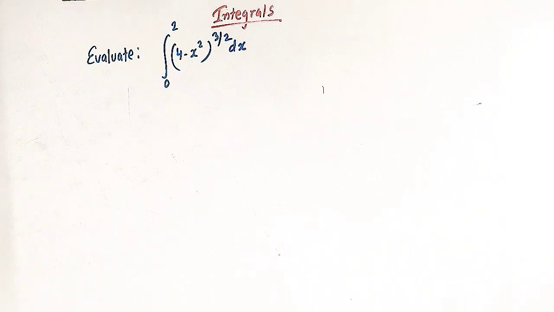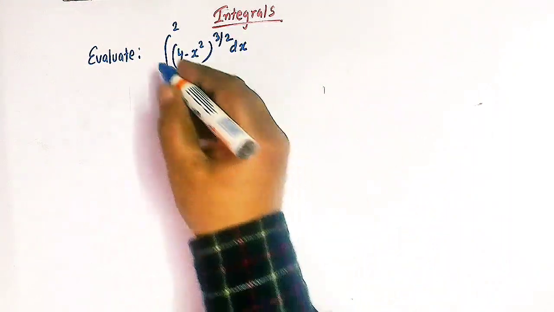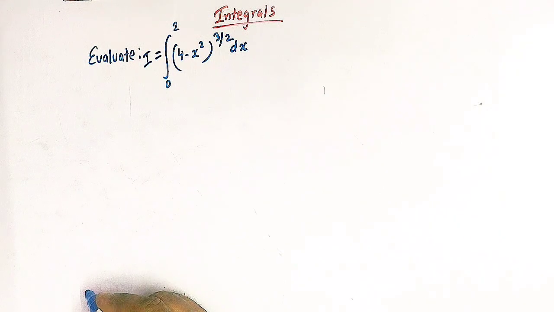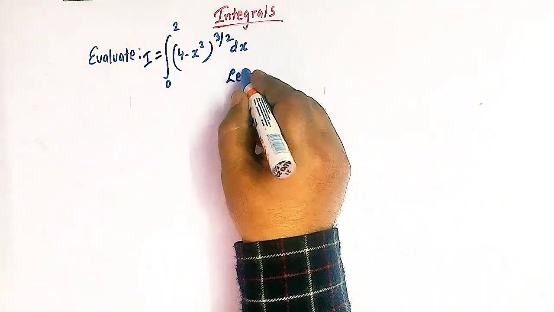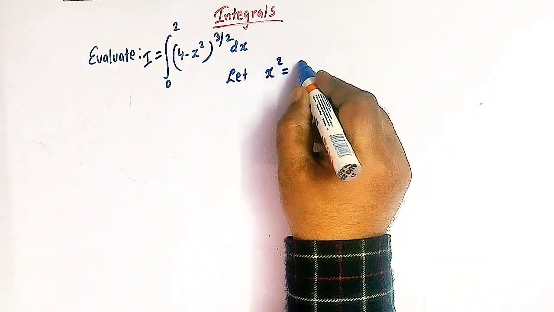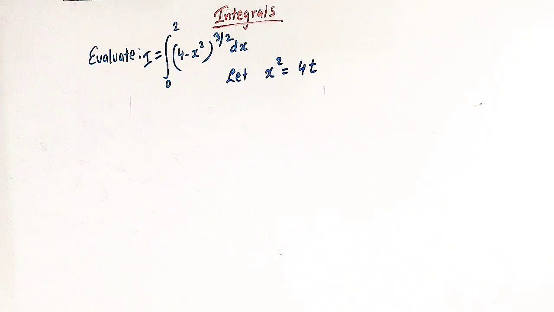So let us start. Here we are going to use the method of substitution, and let us call this integral I, right? So we'll substitute x^2 equal to 4t, where t is our new variable.